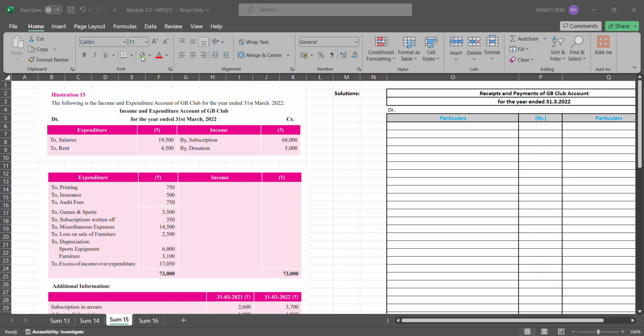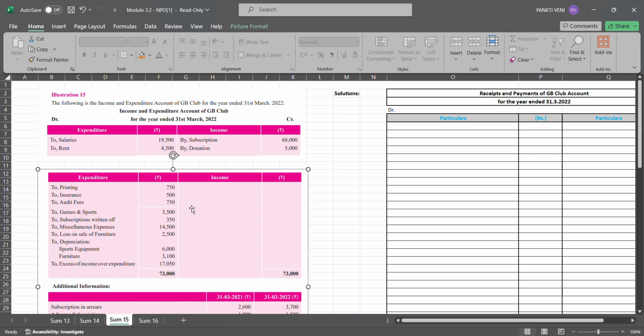Receipts and payment is nothing but it's like a cash book we studied in our last lecture. It's a carbon copy of the cash book wherein all the year's data will be coming. So here in this question they have given us income and expenditure, and from income and expenditure we are supposed to prepare our receipts and payment.